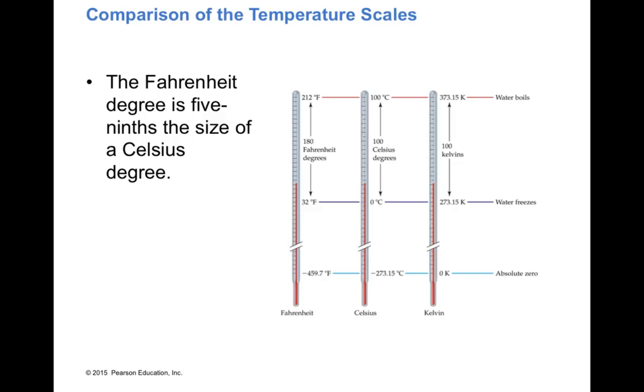While the Kelvin scale avoids negative temperatures by assigning 0 K to the coldest temperature possible, that is known as absolute zero. So the absolute zero for Kelvin is 0 kelvins, while for the Celsius scale it is minus 273.15, and for the Fahrenheit scale, the absolute zero is minus 459.7 degrees Fahrenheit.